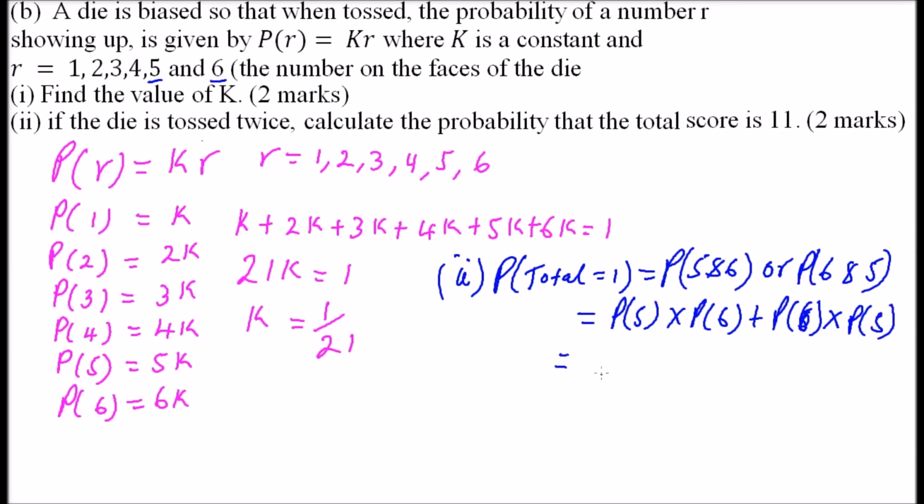The probability of getting 5 is 5 over 21. Since we have found that K is 1 over 21, you multiply by 6 divided by 21, then you add 6 divided by 21, multiplied by 5 divided by 21.